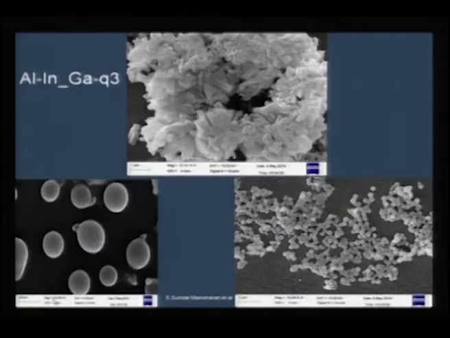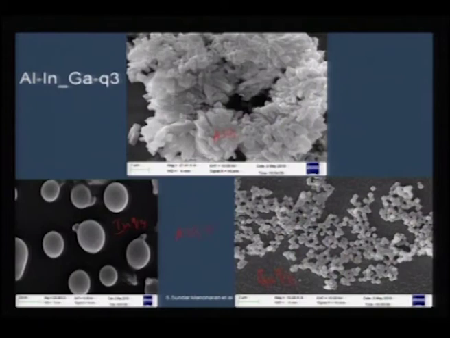For example, I can also try to make AIG, which is nothing but aluminum indium gallium oxide, and if I want to make that AIG compound, then I can start with aluminum, dope with the indium and gallium precisely. This is the cartoon for indium Q3, this is the cartoon for gallium Q3, and this is the picture of all three compounds together, aluminum, indium and gallium together.